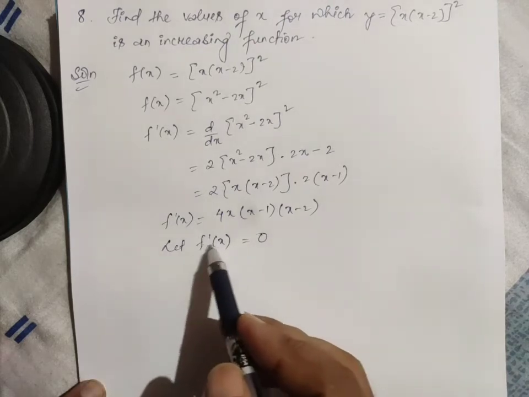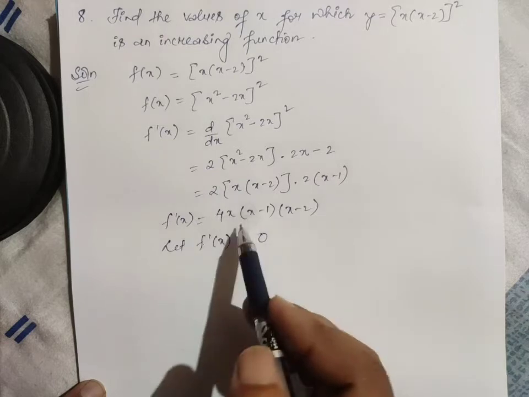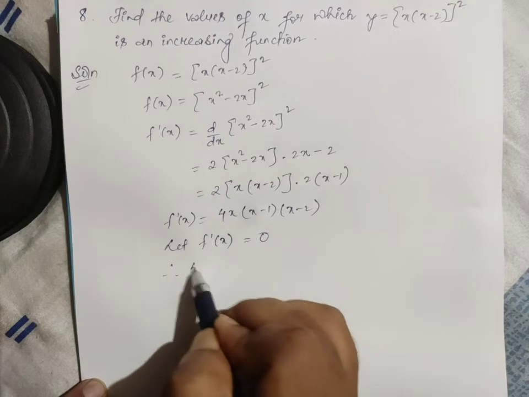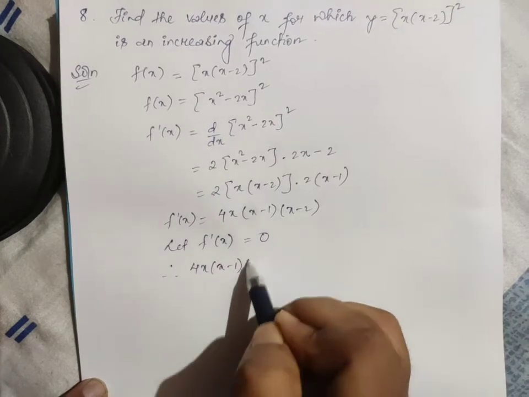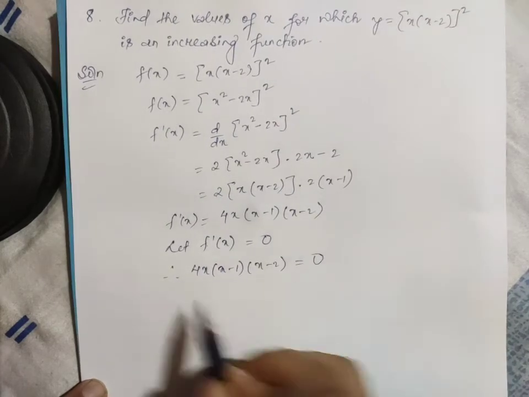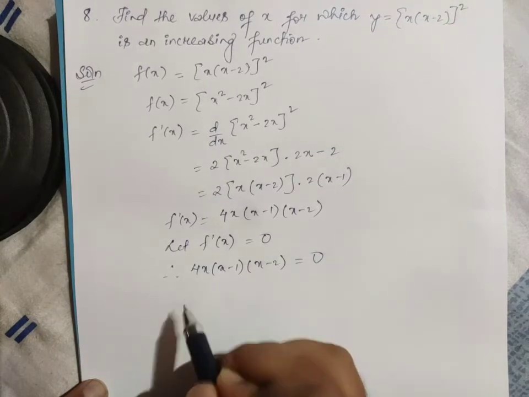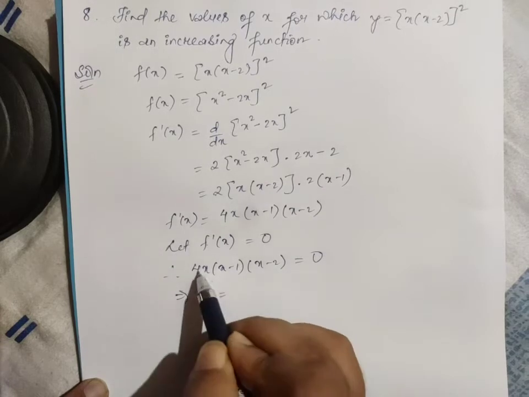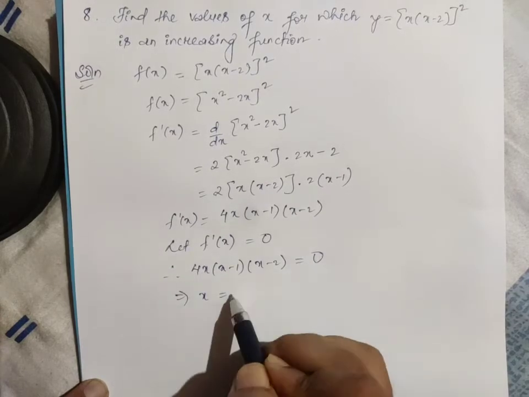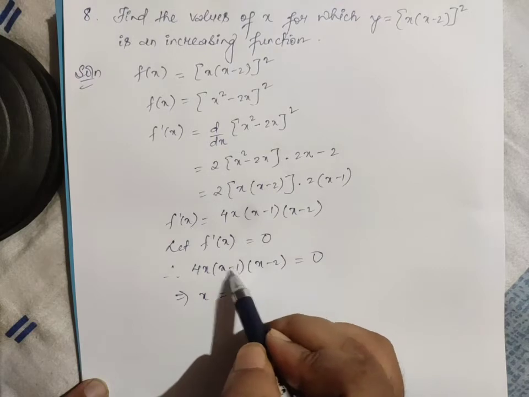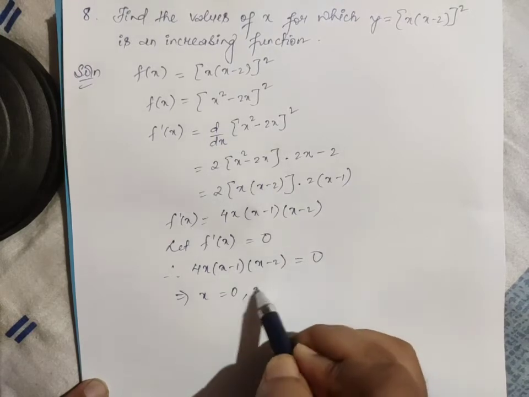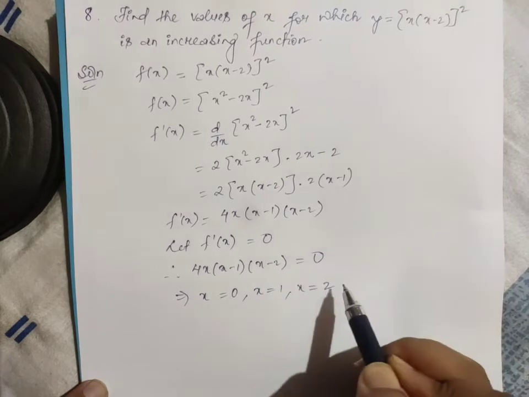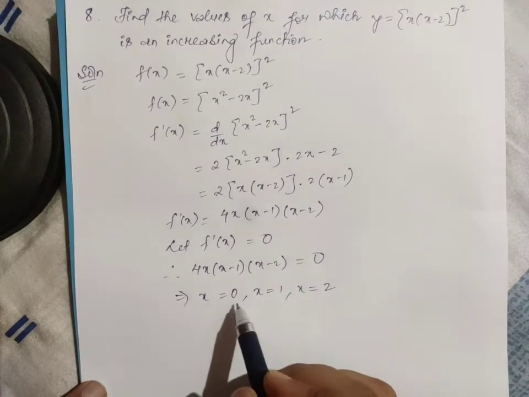So if f dash x equal to 0, then 4x into (x minus 1) (x minus 2) equal to 0. From here we get x equal to, if 4x equal to 0, x will be 0, and if x minus 1 is equal to 0, then x will be plus 1, and if x minus 2 is equal to 0, then x will be plus 2. So we are getting 3 values of x: 0, 1 and 2.